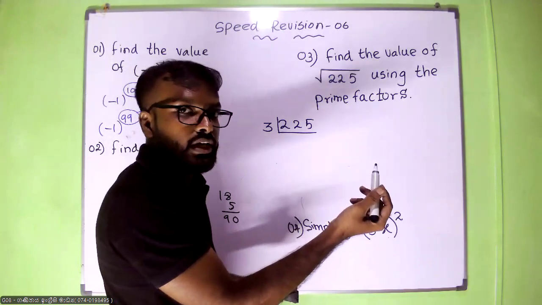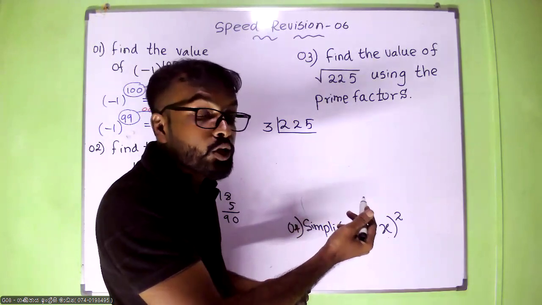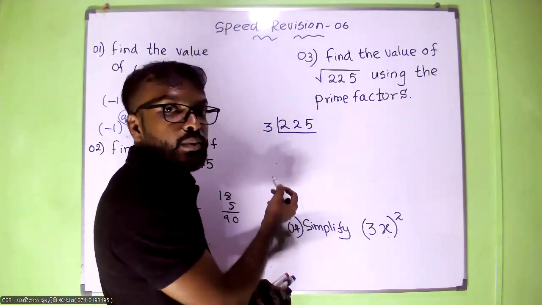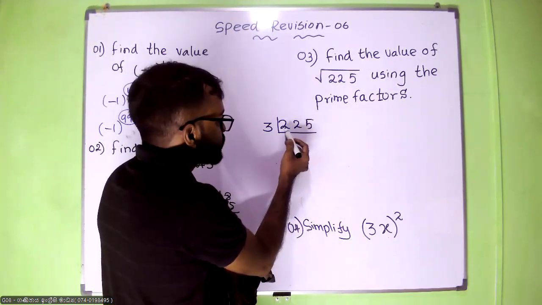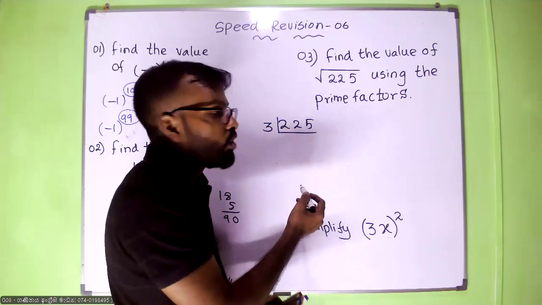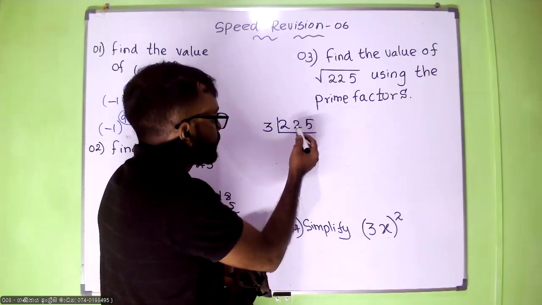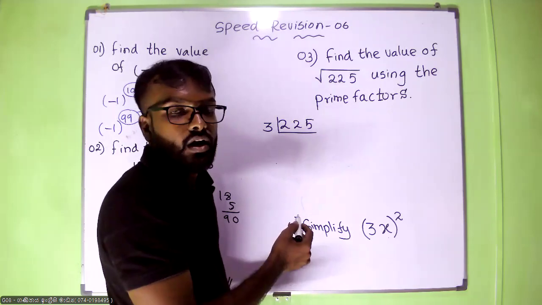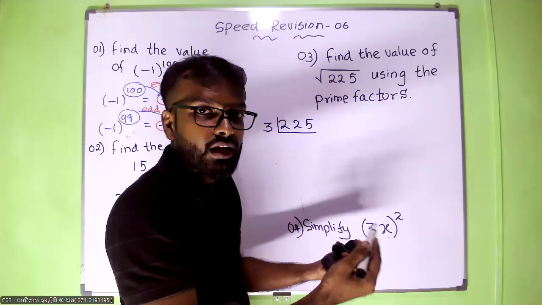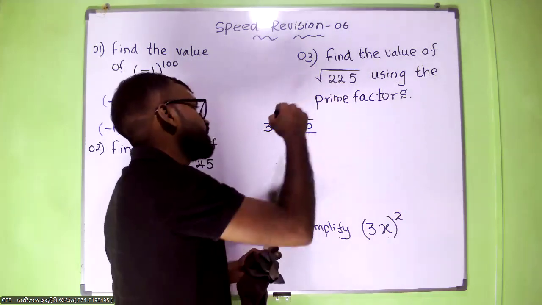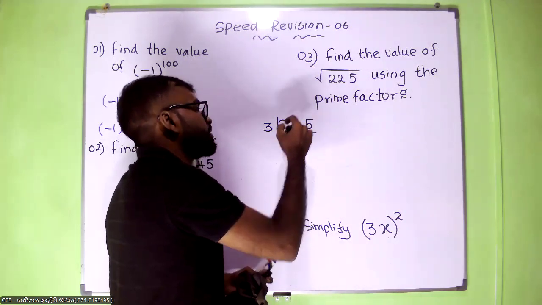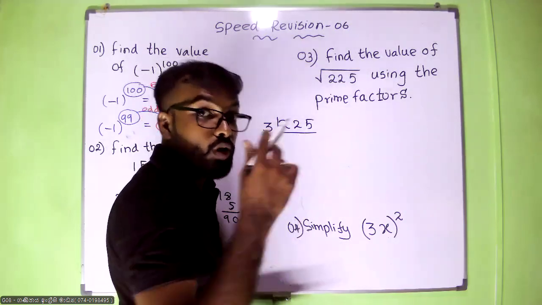You can check it by using the divisibility rule. 2 plus 2 is 4, 4 plus 5 is 9. 9 can be divided by 3, so you can divide 225 by 3. So you have to remember those things.